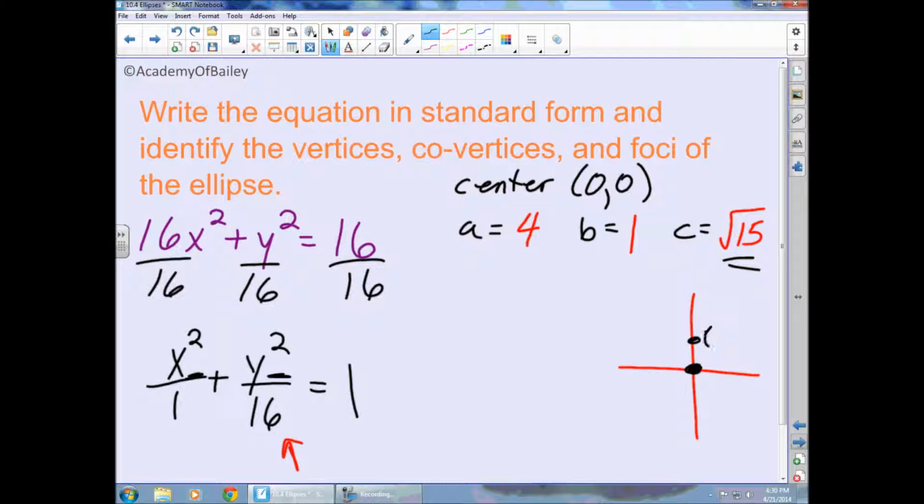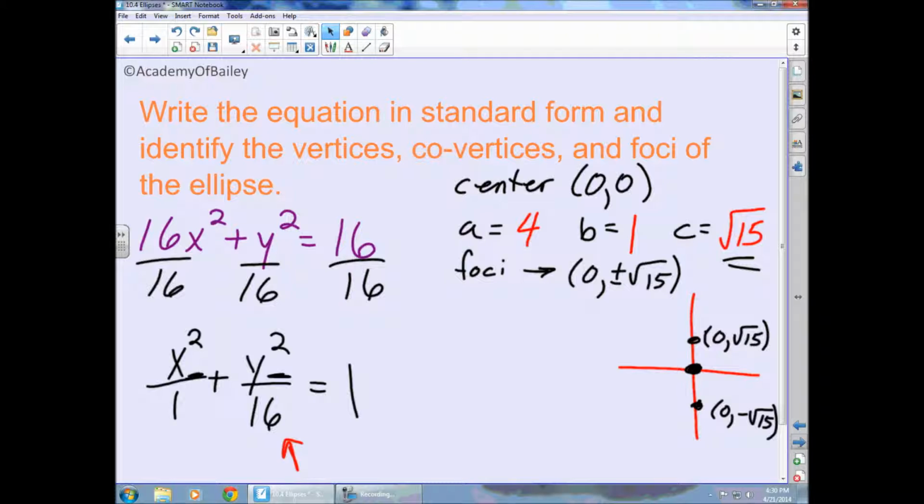That means we go left and right 0 and up square root of 15. And that means we go down. That's left and right 0, and that's down square root of 15. So right there is your foci. Your foci is going to be 0, plus or minus square root of 15. Or you could write out both points separately like I did down on the graph.